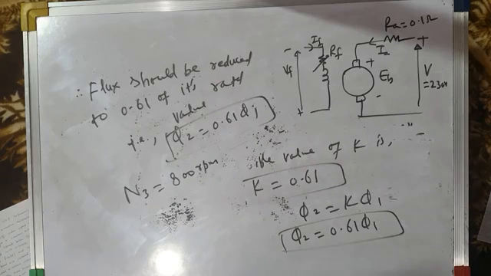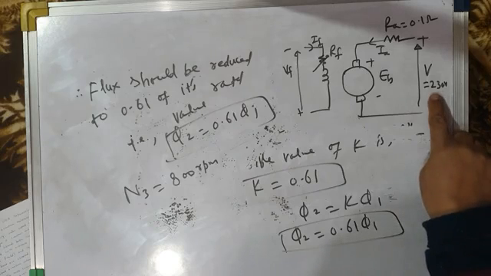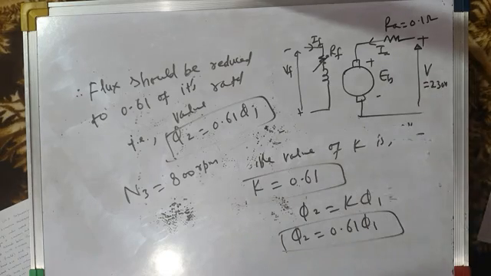In part A, we applied armature voltage control and we got a speed below base speed, 400 rpm. We were asked to find the applied voltage for getting a reduced speed. For the rated voltage of 230 volts, the speed is 500 rpm, and for getting 400 rpm, we found that the applied voltage should be reduced to 186 volts.